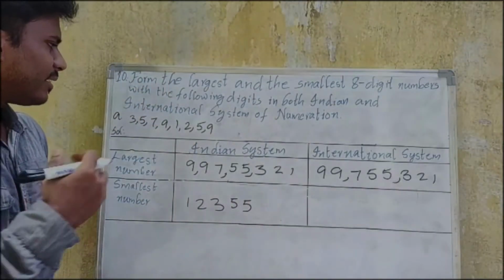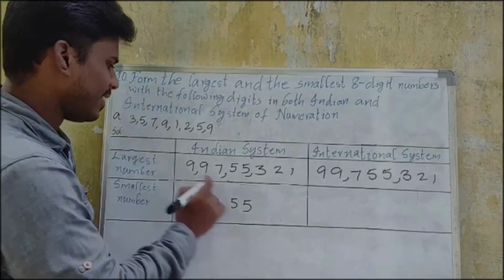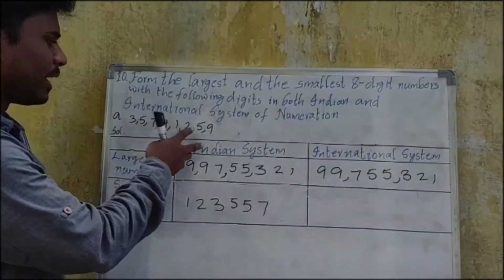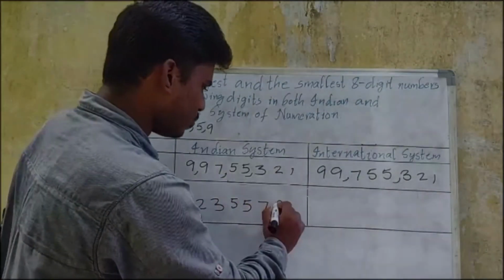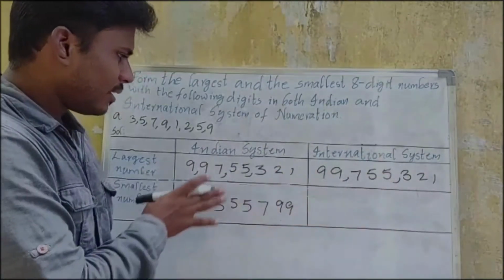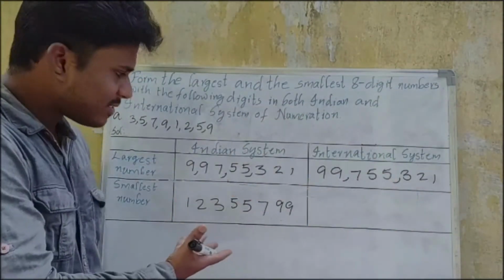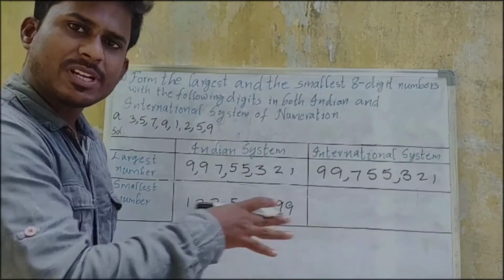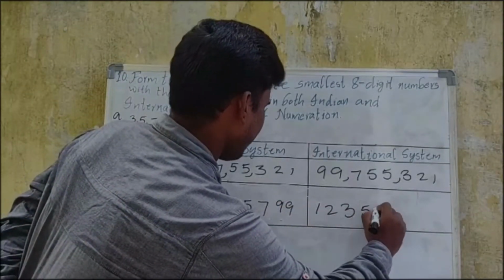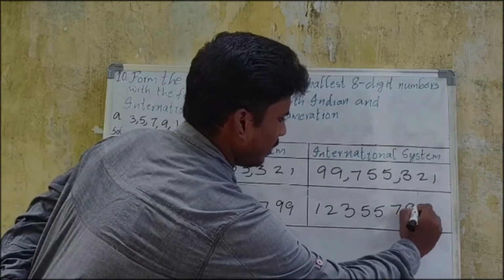Then the next bigger digit is 7. Then the next bigger digit is 9, and we have 9 2 times. So let us write 9 2 times. Now the same digits we have to copy here in the system, because we did not insert any commas here. The arrangement will be the same: 1 2 3 5 5 7 9 9.